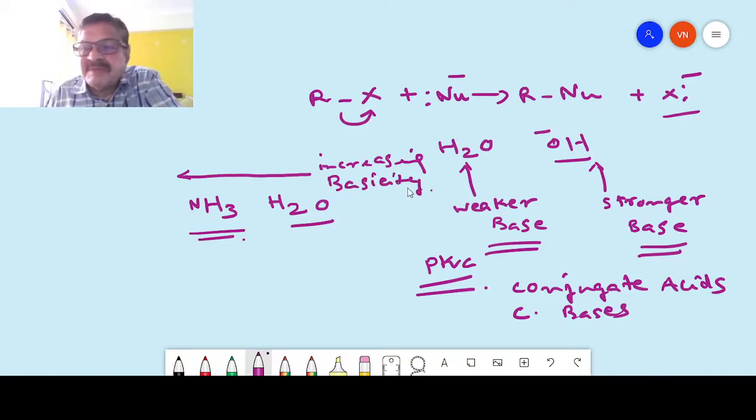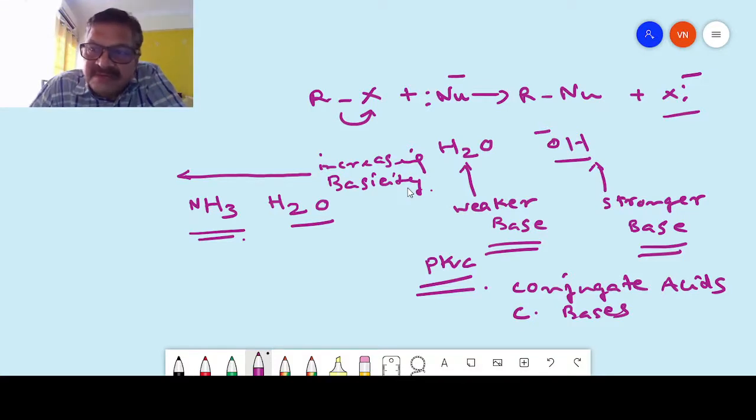Increasing basicity means decreasing leaving group ability. Water is less basic compared to ammonia, or ammonia is more basic compared to water. Left to right across the periodic table, basicity decreases, therefore the leaving group ability increases.